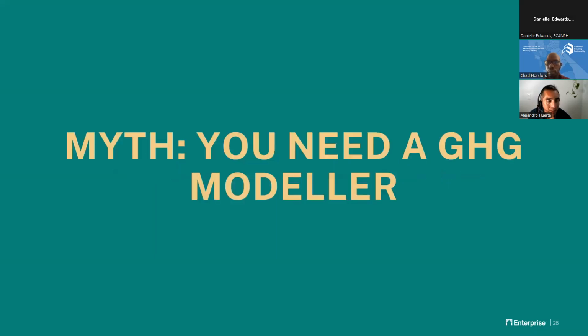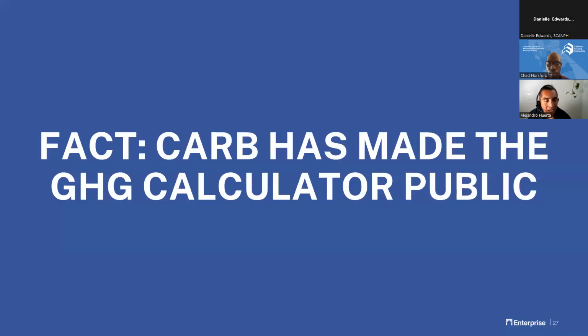So let me first go into the first myth I hear often, and that is that if you're applying to AHSC, you need to hire a GHG modeler. This is unfortunately not true. Maybe initially in the first couple of rounds or 3 rounds, it was a complicated process to calculate the GHGs.